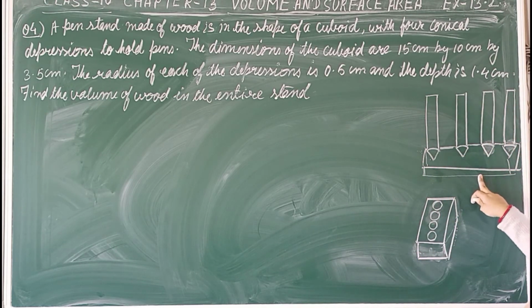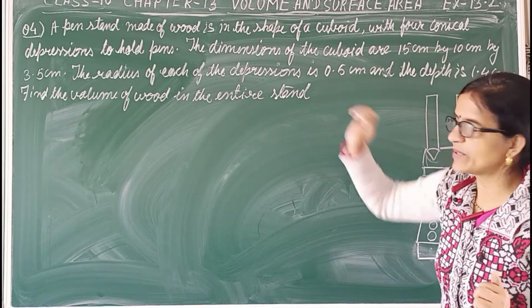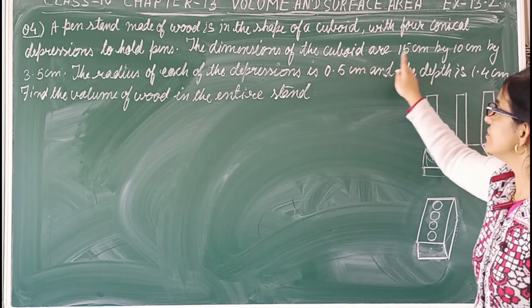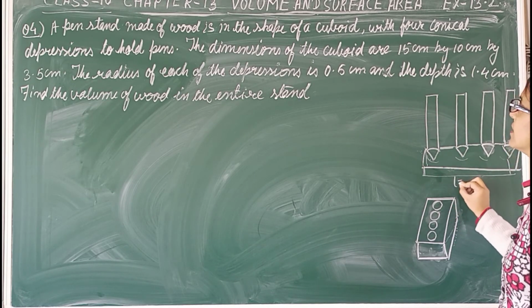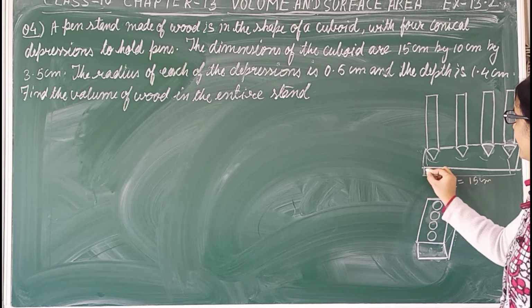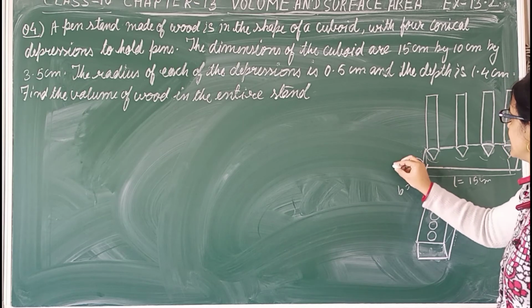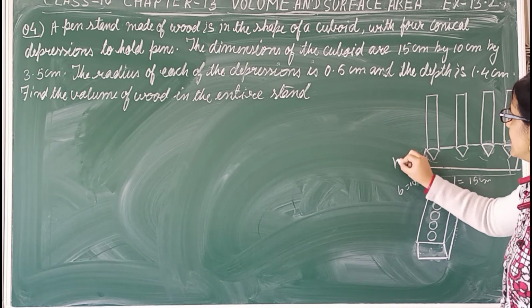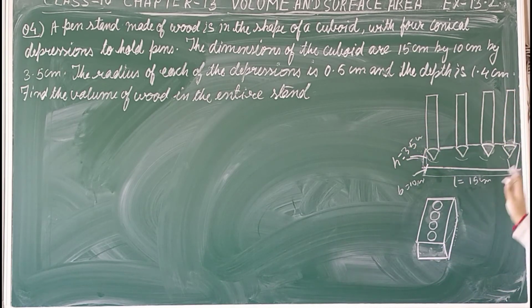It is made up of wood and it has 4 depressions, which are in the form of cone, 4 conical depressions to hold the pens. The dimensions of the cuboid are 15 by 10 by 3.5. So length is 15 centimeter, breadth is 10 centimeter, and this is the height, 3.5 centimeter. Okay? So length, breadth and height of the cuboidal stand is given.